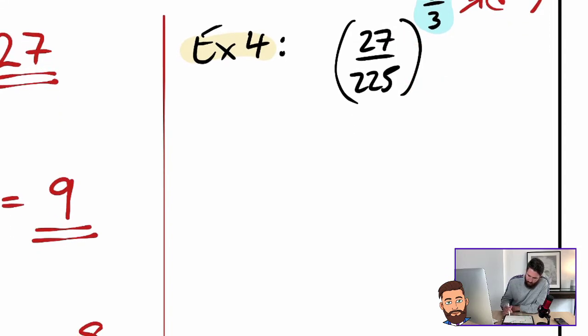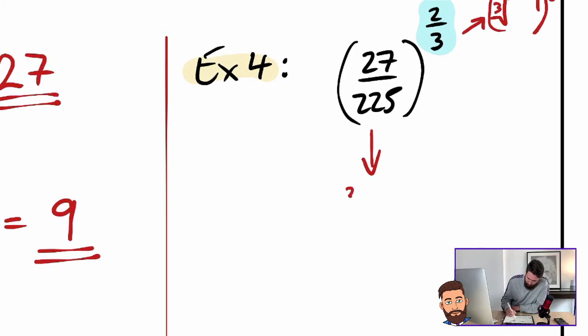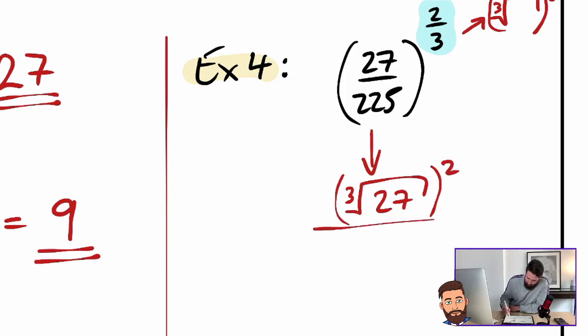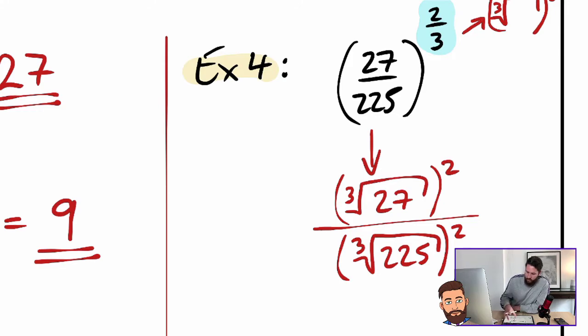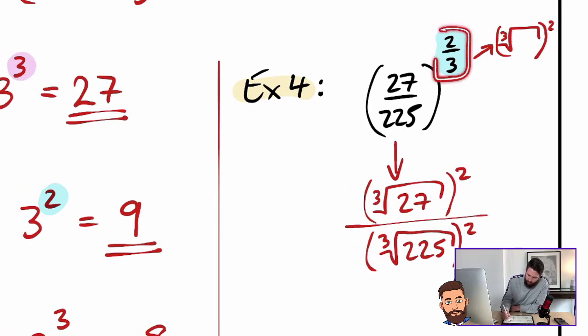So what we can say is this is going to be the cube root of 27, and then we're going to square it, divided by the cube root of 225, and then we're going to square that. So we've just taken our understanding of this fractional indice, which is the cube root in this case, and then squared, and we're going to apply it to both the top and the bottom of this fraction.